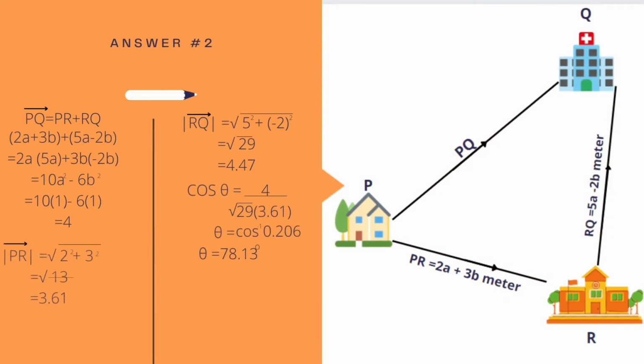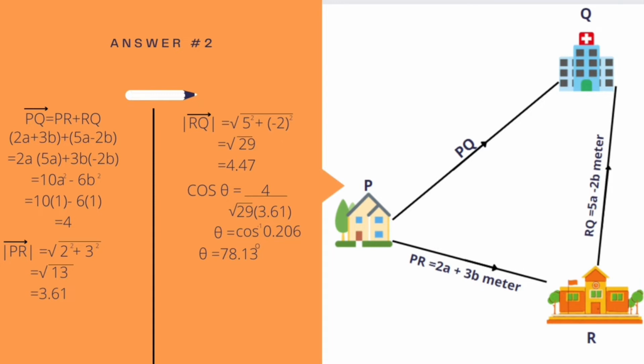The answer for question 2 is PQ equals PR plus RQ. 2A plus 3B, 5A minus 2B. 2A multiply 5A plus 3B multiply negative 2B equals 10A squared minus 6B squared equals 10 multiply 1 minus 6 multiply 1 equals 4.